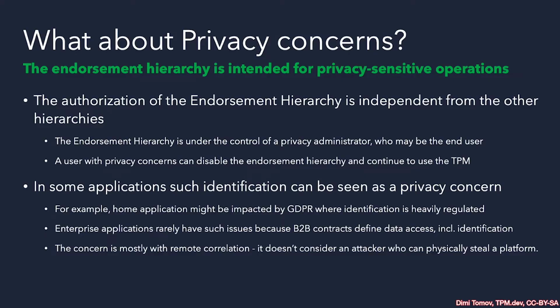Now, we still have the option to use the owner hierarchy and create a primary key, a signing key that we can use to create digital signatures and this way establish identity. But we are then missing the benefits of using a TPM-bound identity in the endorsement hierarchy.